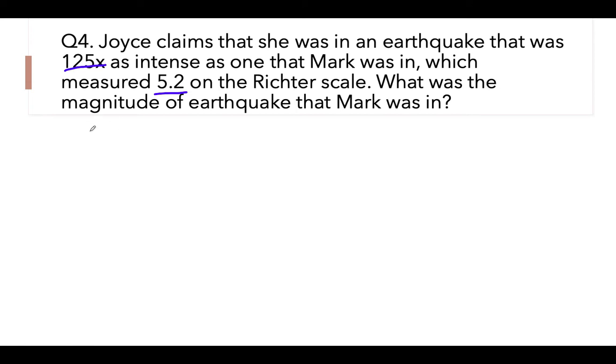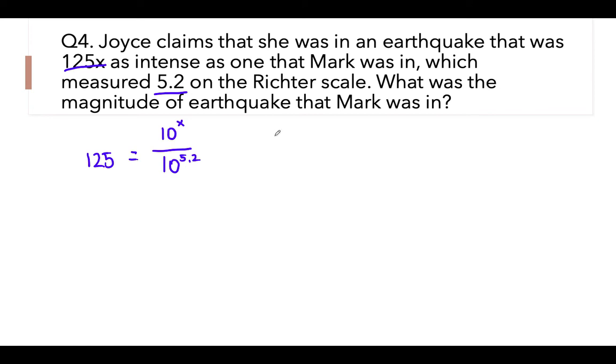So you don't necessarily have to use the decibel scale. We're going to use a proportionality. So we could say 125 times over 10 to the x, which is the magnitude of the earthquake, and then for Mark, it will be 5.2.